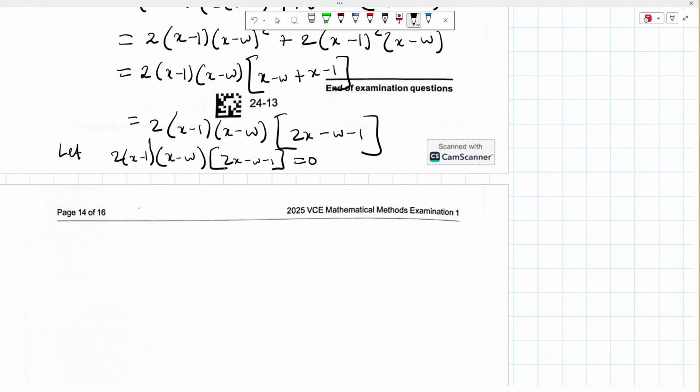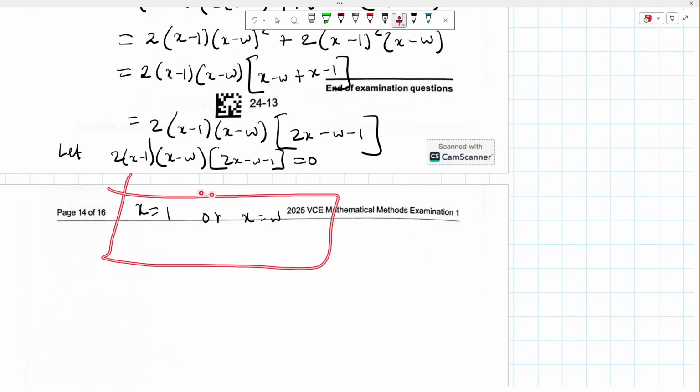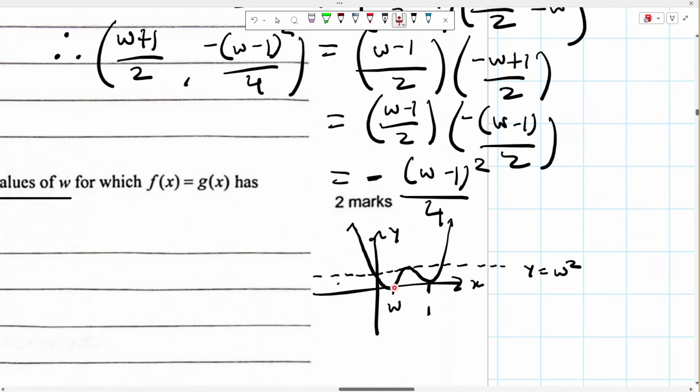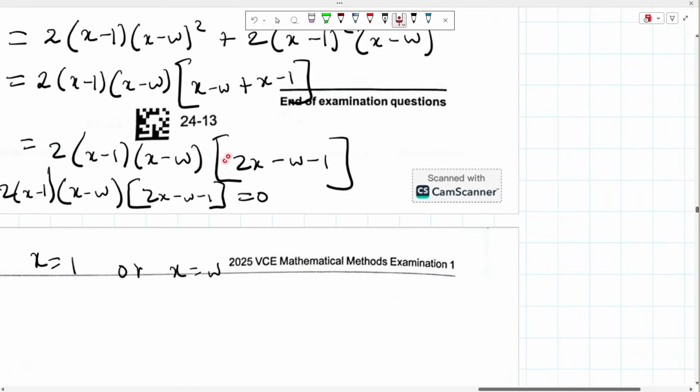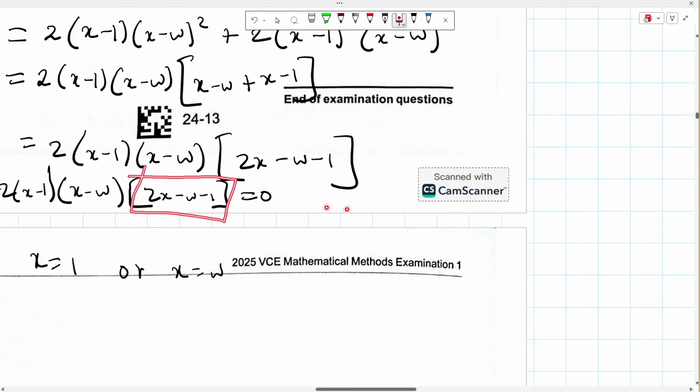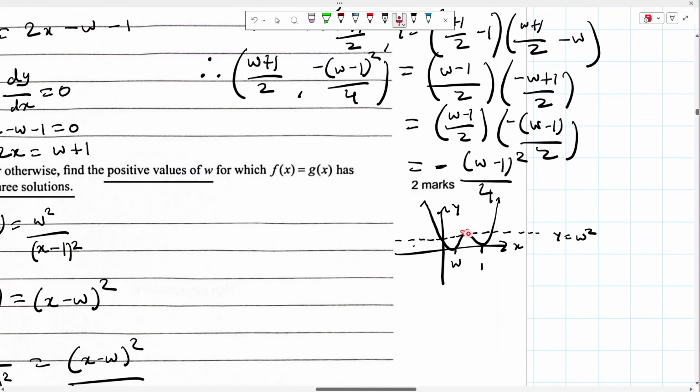Now, null factor law tells us x is equal to 1, or x is equal to w. These are things that we already expect, because we know there's stationary points at x equals w and x equals 1. However, there's also one more stationary point. That has to be this one.